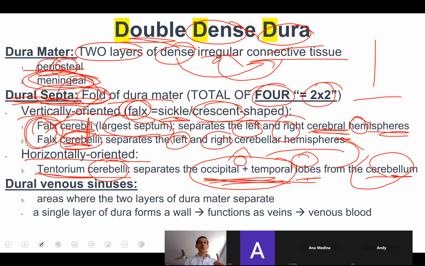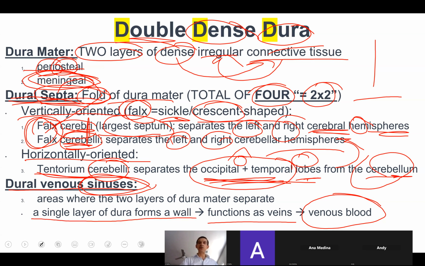And because of that, this is going to be venous blood as it drains the parts of the brain. Arterial blood comes to the brain, venous blood goes away from the brain. So these dural venous sinuses function as veins, and the way they are formed is that a single layer of dura, like so, for example, comes and meets another layer of dura previously there.